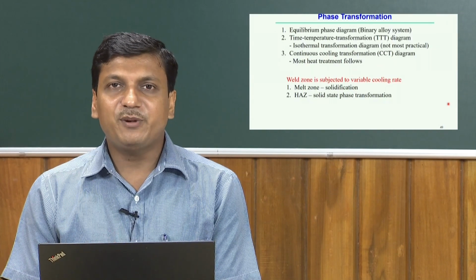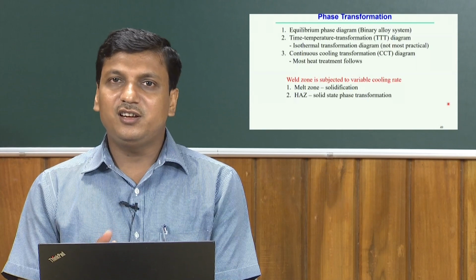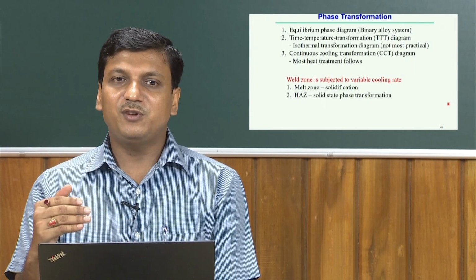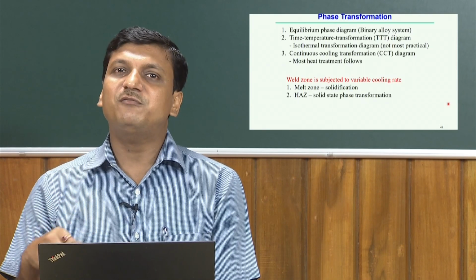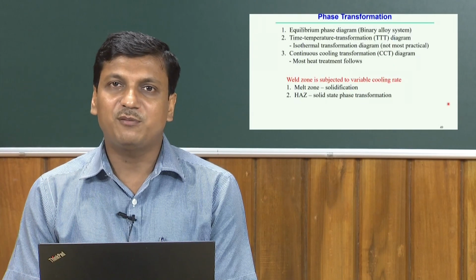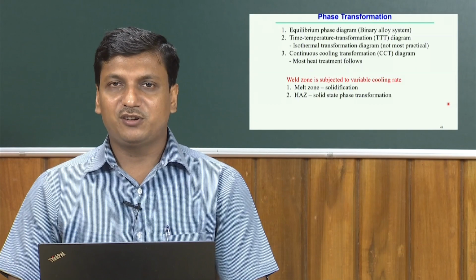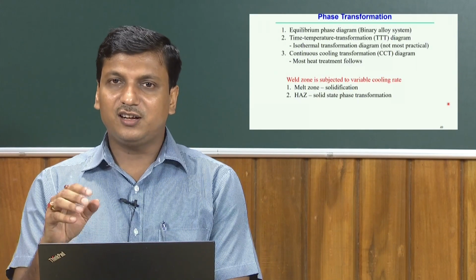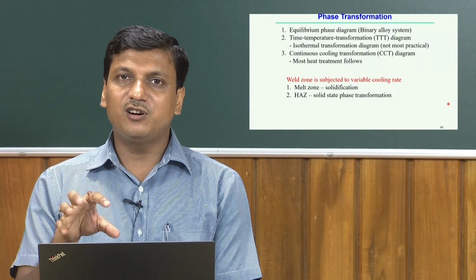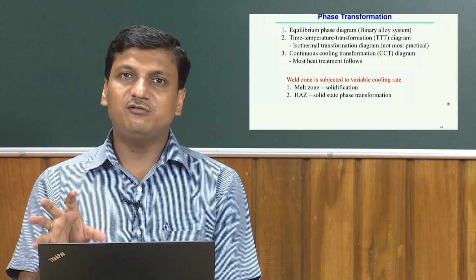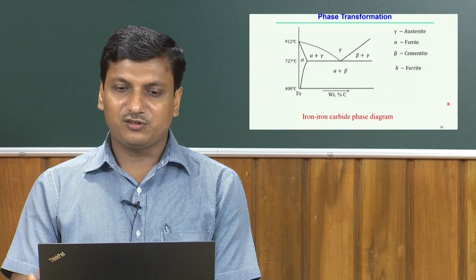But the heat affected zone is in solid state, though one phase to another phase transformation may happen. That means a solid state phase transformation happens in the heat affected zone. So, this is the typical overview of the phase transformation we observe in the welding process.